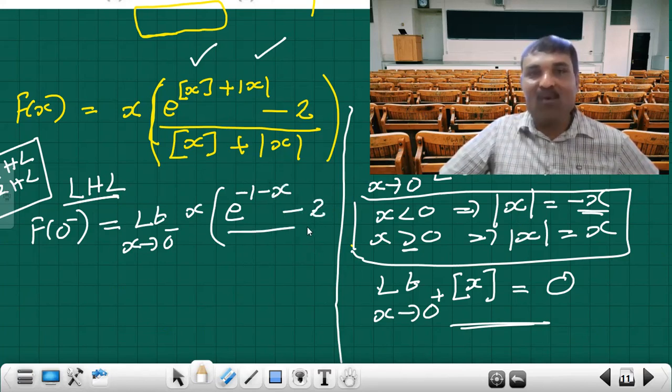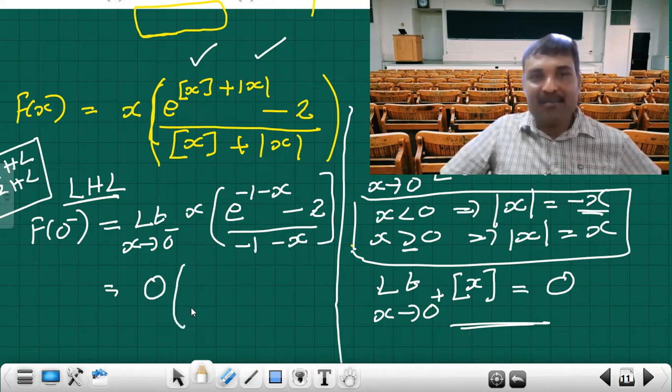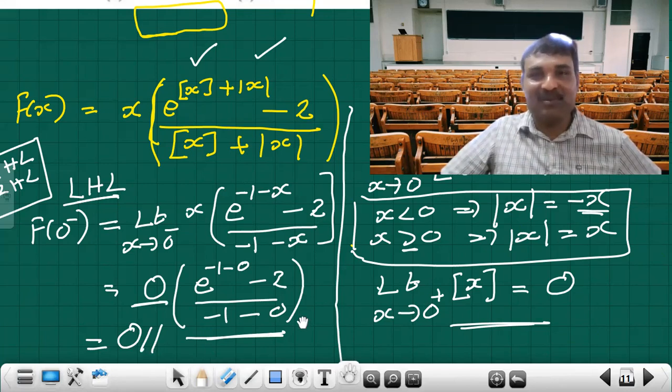Minus 2 divided by minus 1 minus x, right? Now we can directly apply the limit. This becomes 0 multiplied by e raised to minus 1 minus 0 minus 2, divided by minus 1 minus 0. This is a real value, but it is multiplied by 0. So the value is 0. So the left hand limit is 0.